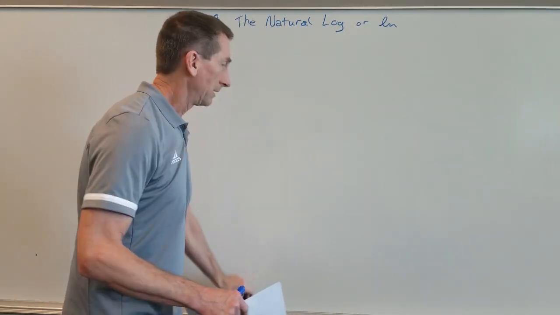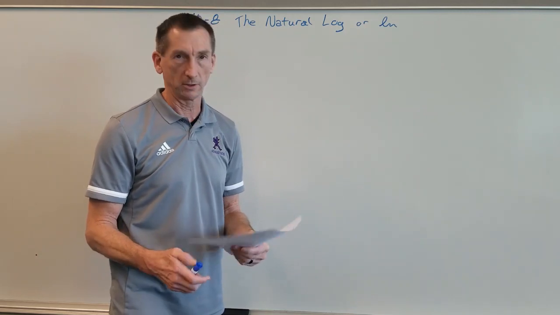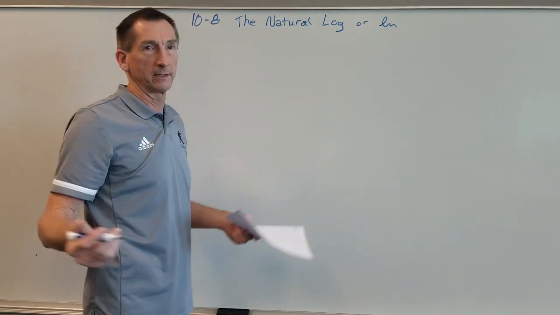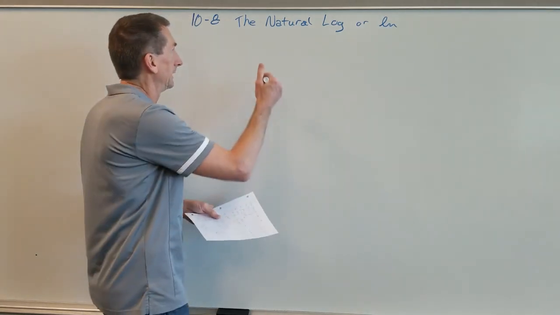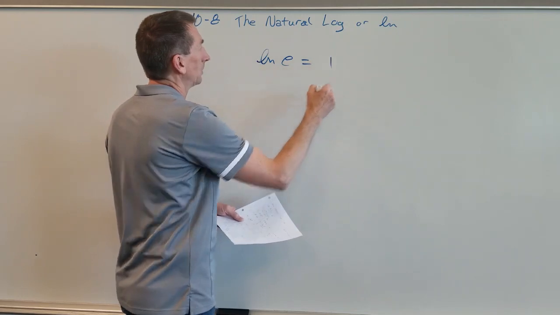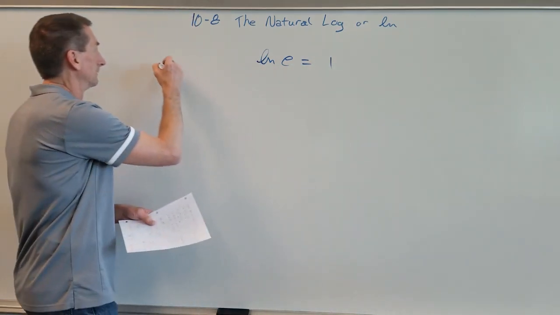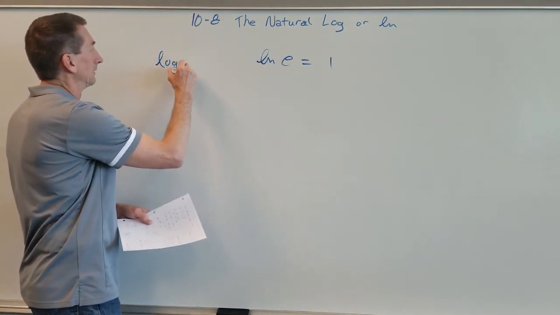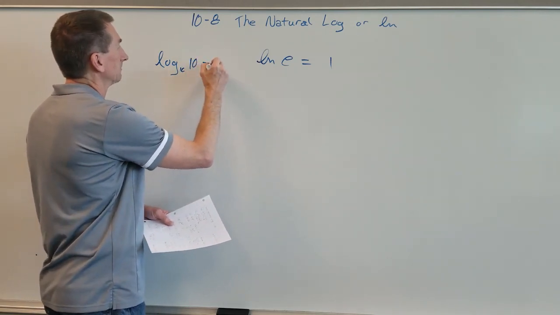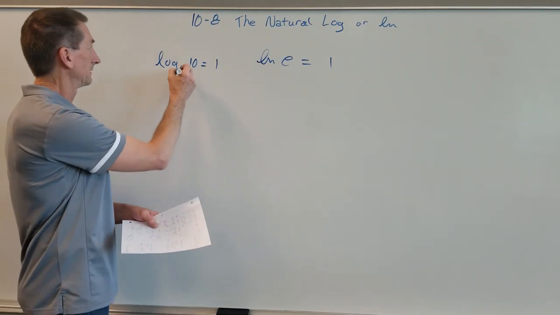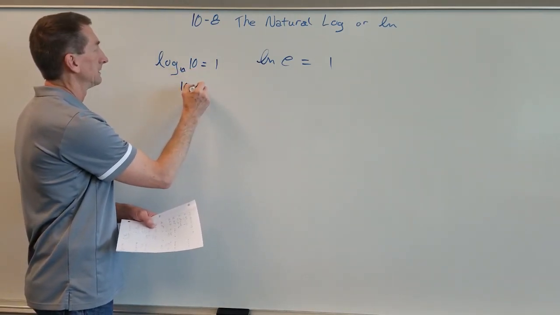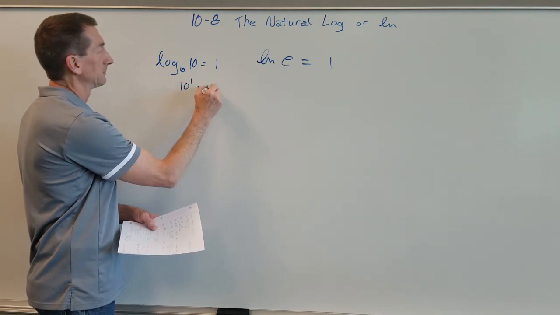So log to the base e we know is natural log, and natural log has all the same properties as regular log, in that natural log of e is equal to 1, just like log base 10 of 10 is 1. I'd write this as 10 raised to the power of 1 is equal to 10.